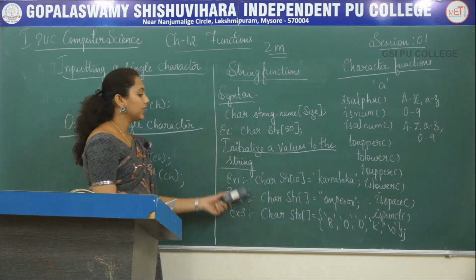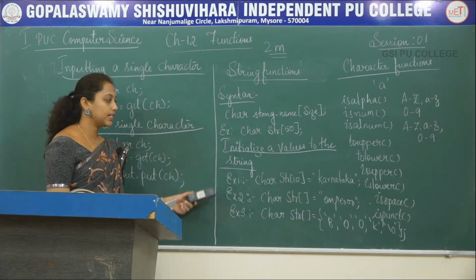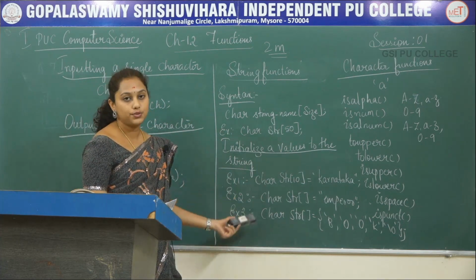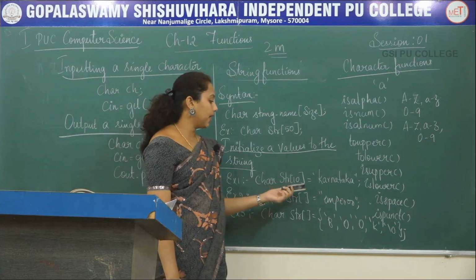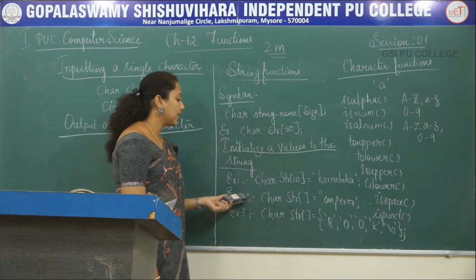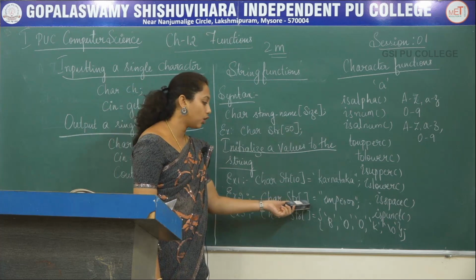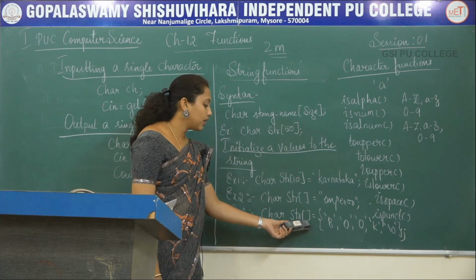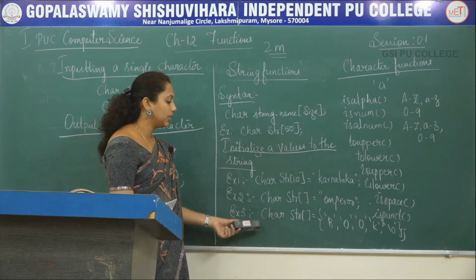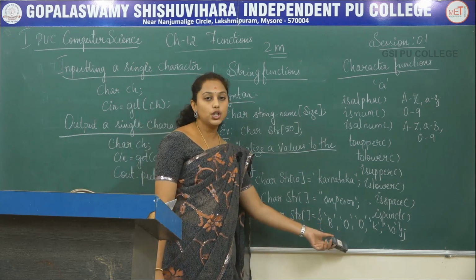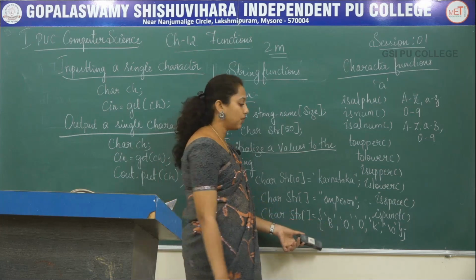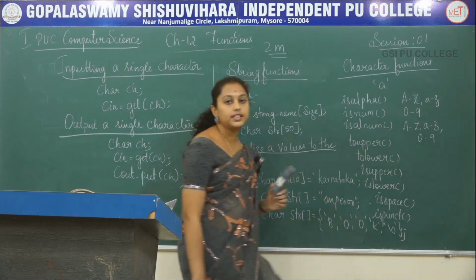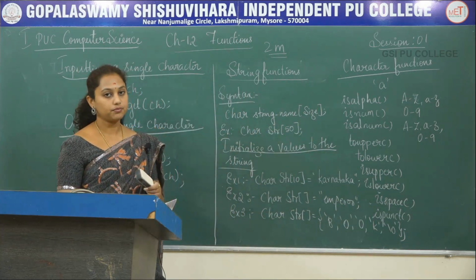So these are the different ways of initializing values to the string. In the first example, we have mentioned the size, and in the second example, we are not mentioning the size. In the third example, here also we have not mentioned the size, but here the string is initialized character wise, hence we have to initialize a null character at the end.